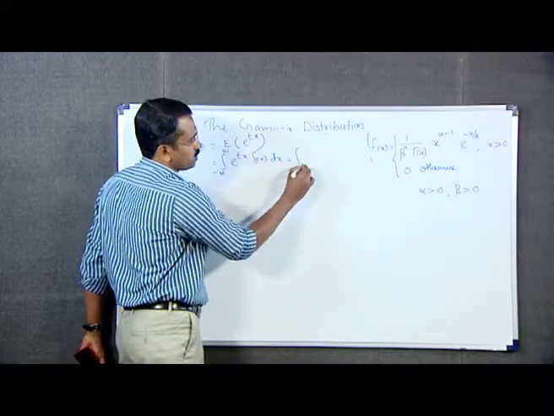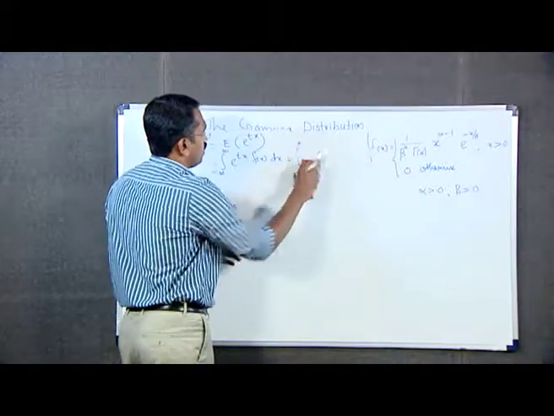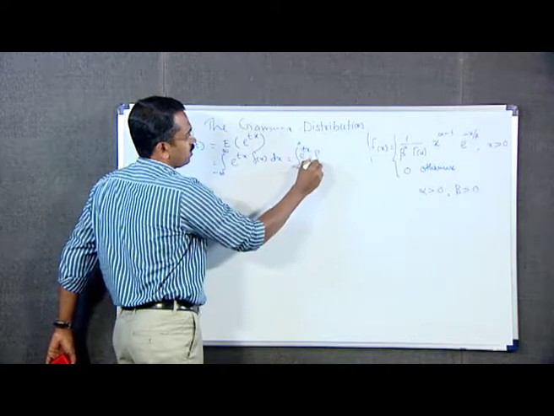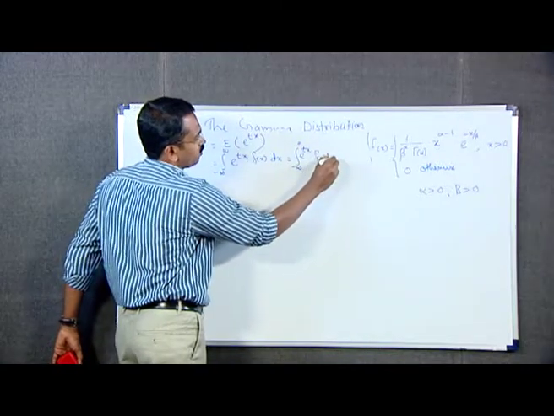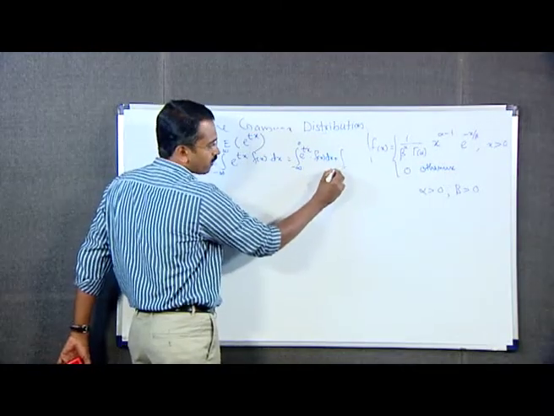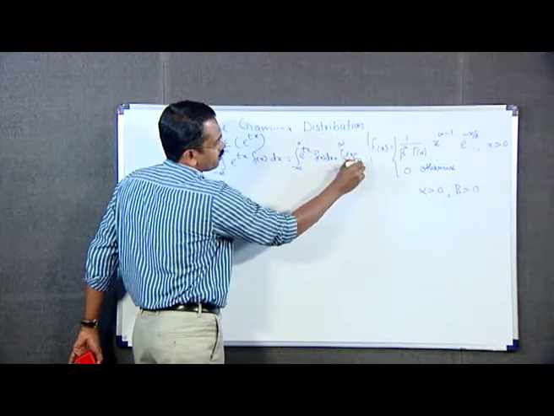One is from minus infinity to 0, integral minus infinity to 0 e raised to tx into f of x dx, plus the second one is integral from 0 to infinity e raised to tx f of x dx.